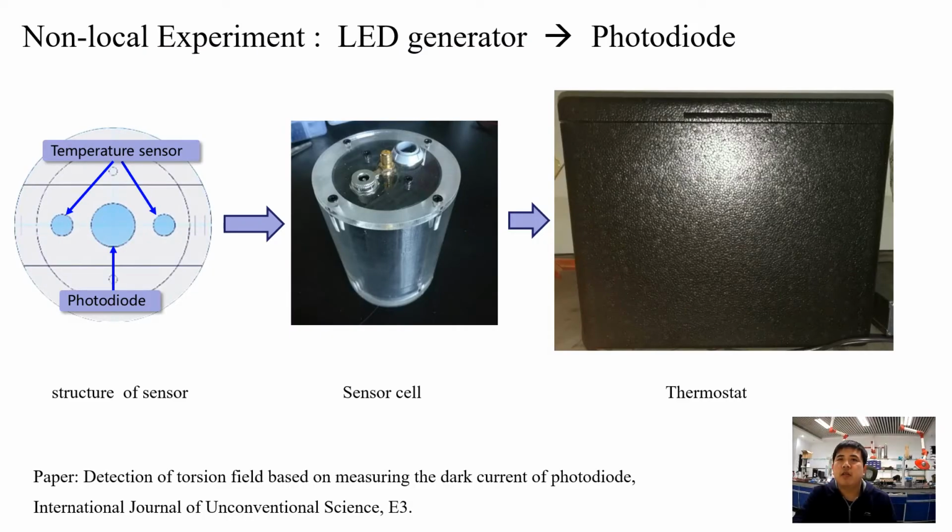The next one is my own sensor, based on measuring the dark current of a photodiode. The basic structure is like this. The photodiode is placed in the center, and two temperature sensors are placed next to it. I put all the elements into the cell, and put the whole system into the thermostat box.